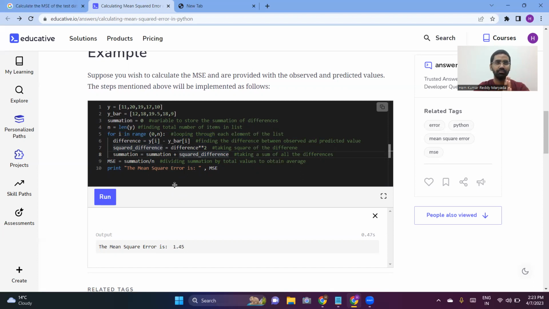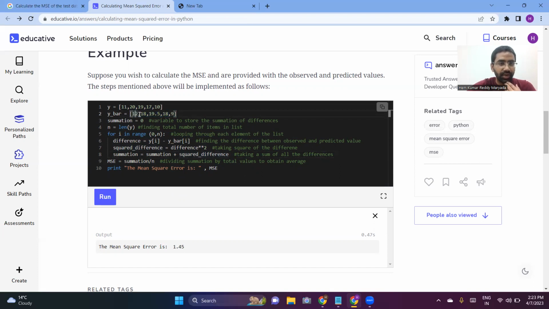For example, the first element minus the first element, 11 minus 12 is minus 1. We have five elements in y and five elements here too.